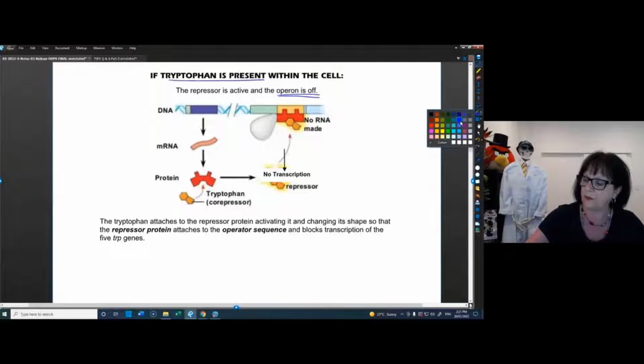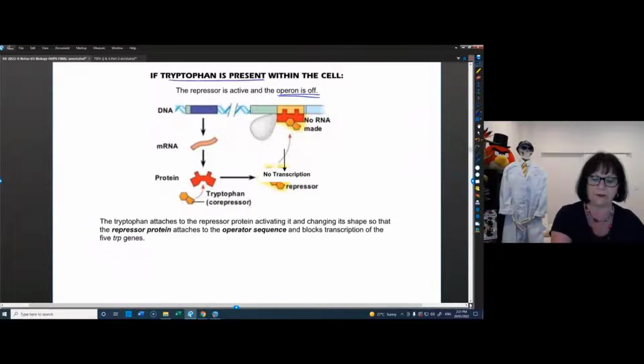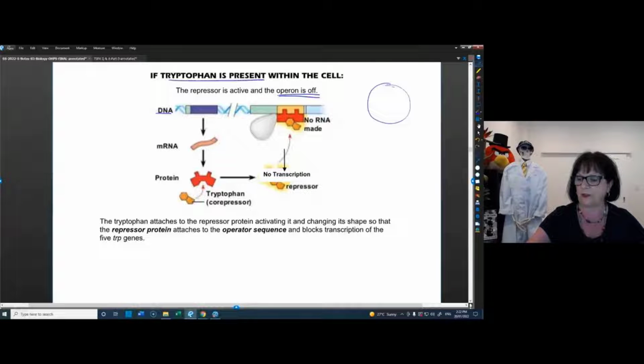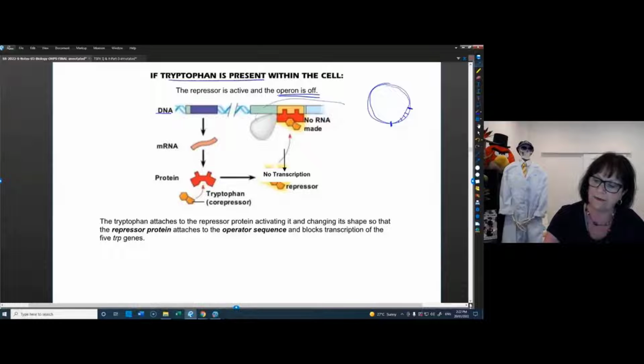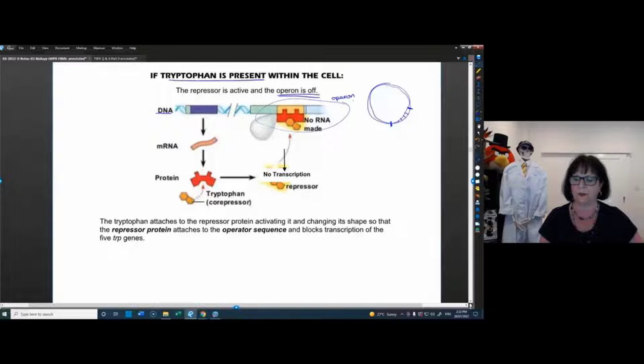Okay, so here is the bacterial DNA. And bacterial DNA is actually a circular piece of DNA. So what we're talking about is a section of the DNA, and there would be this set of genes there. This section here is the operon.